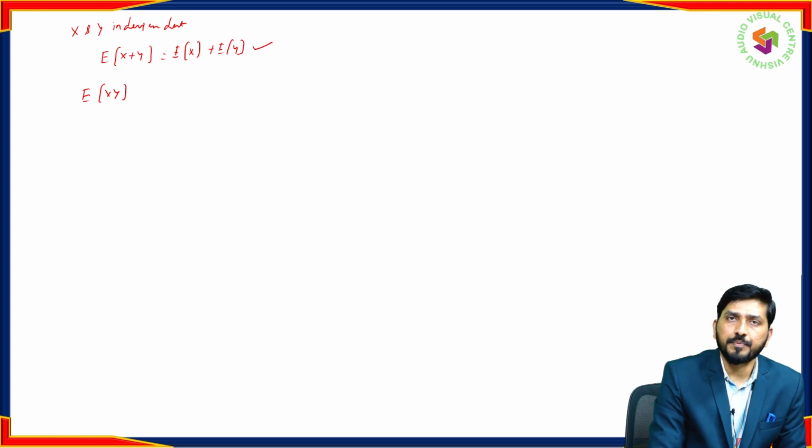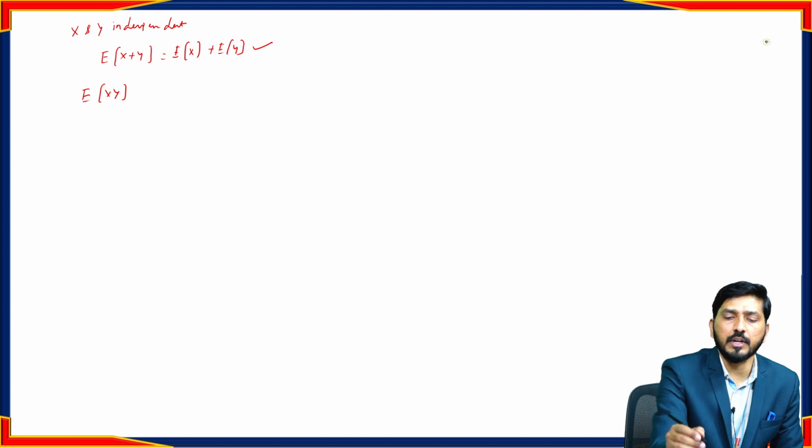if X and Y are independent, there is no change in the formula; you can write expectation of X plus Y as expectation of X plus expectation of Y. Then similarly, if X and Y are independent, then expectation of XY you can prove based on the knowledge acquired from operations on a single random variable, how we performed it.